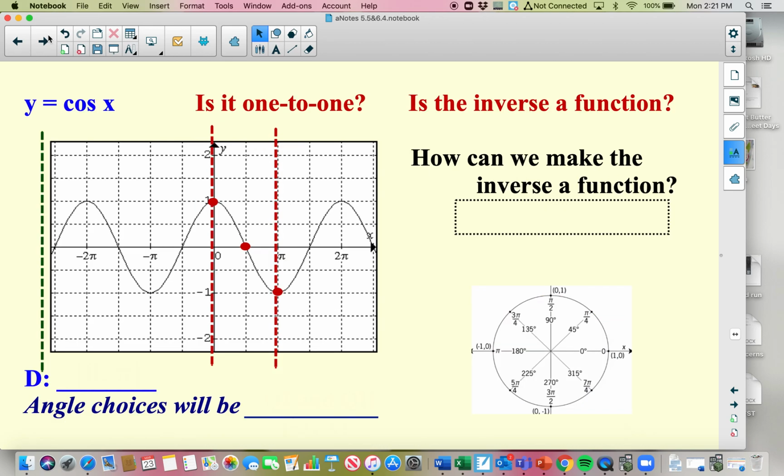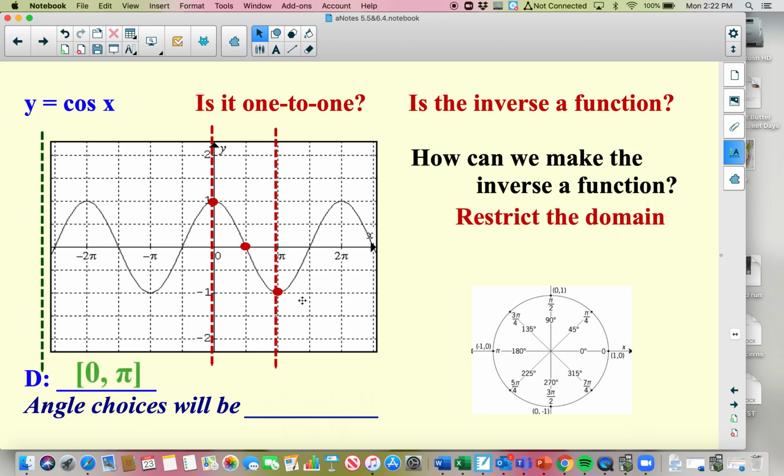Going on to cosine of x, for the very same reason as sine of x, if I wanted to make this one-to-one, I need to restrict my cosine wave to make sure the horizontal line test is passed. Your textbook chooses between 0 and pi. Of course, you could choose any region, but I'm going to restrict my domain from 0 to pi because then when I do the horizontal line test in this region, it passes and makes the function one-to-one.